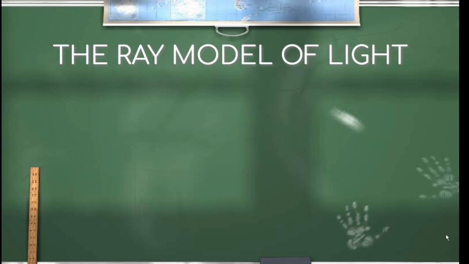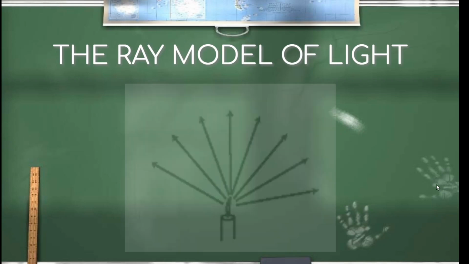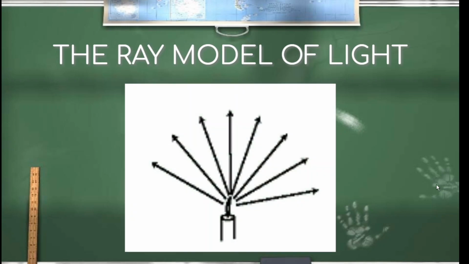So, moving on from that, we're going to be talking about the ray model of light. What this essentially means is that you have some kind of light source. I believe this picture is a little candle, but it could be the sun, it could be a flashlight, it could be something that glows. And light comes from this light source, and it goes out in straight lines.